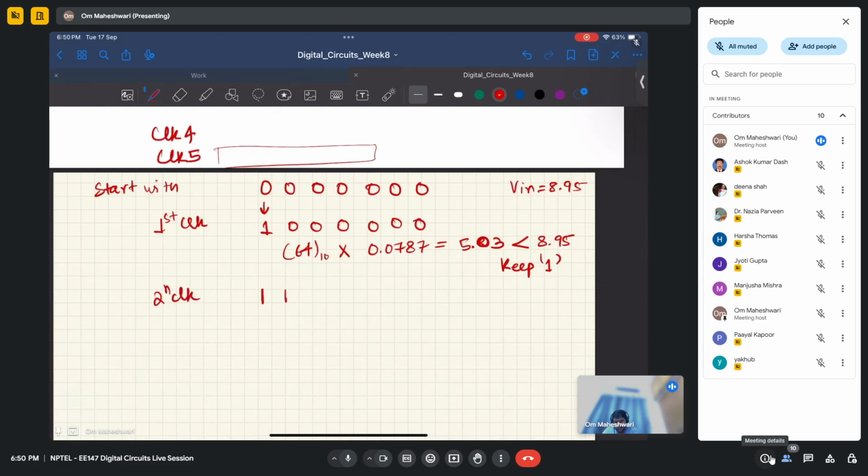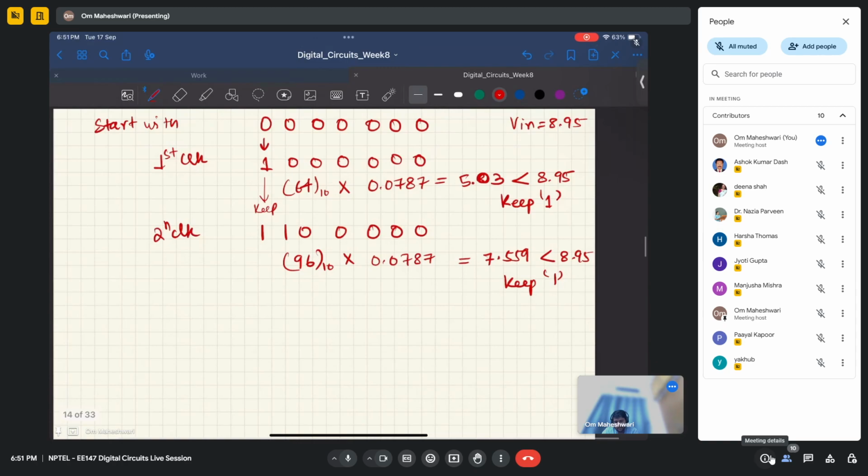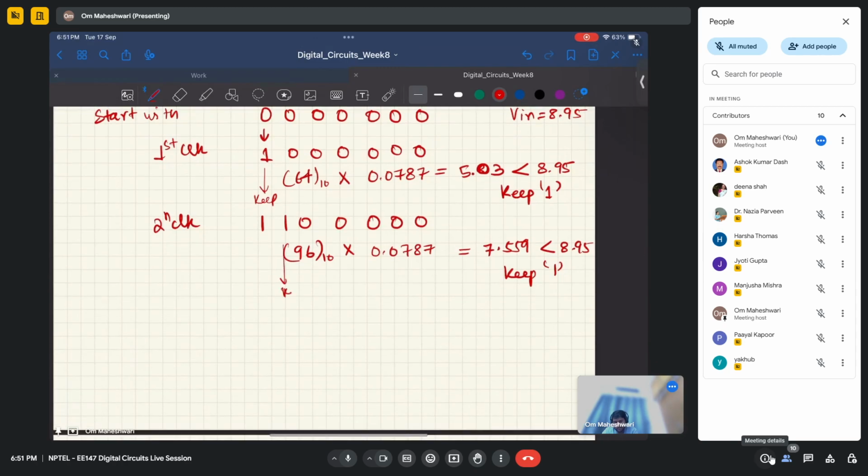Now you change the second bit since you are keeping this one. This is 96 into 0.0787. It comes out to be 7.559, which is less than 8.95 again. So you again keep the 1.